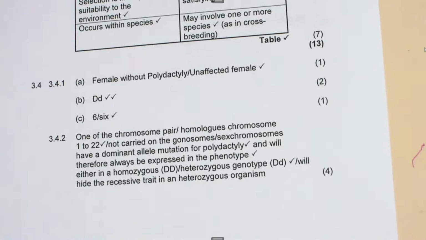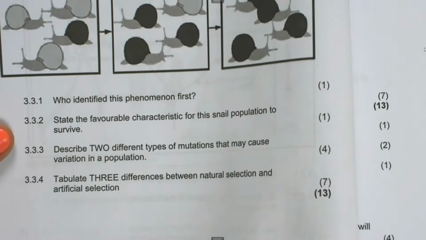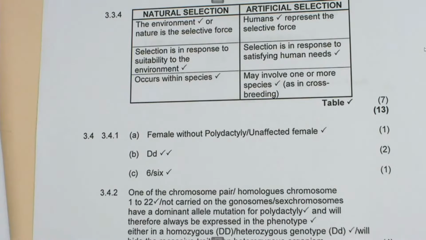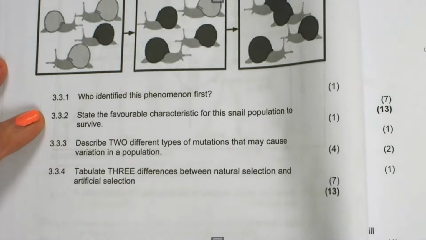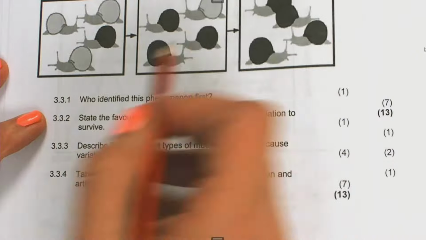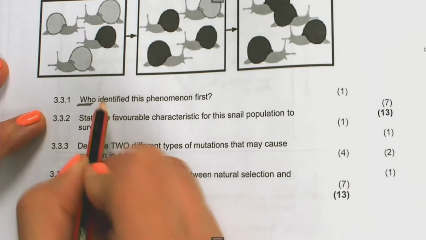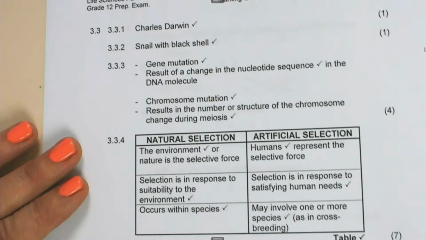So identify this phenomenon first. Who identified this phenomenon first? This one was first identified by Charles Darwin.